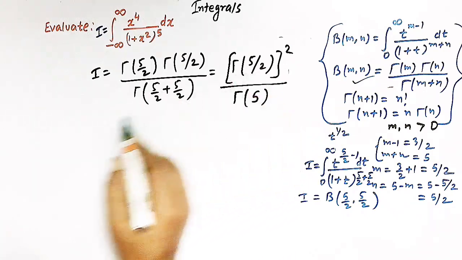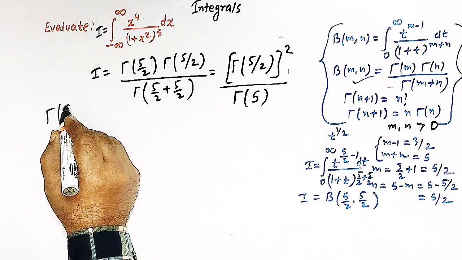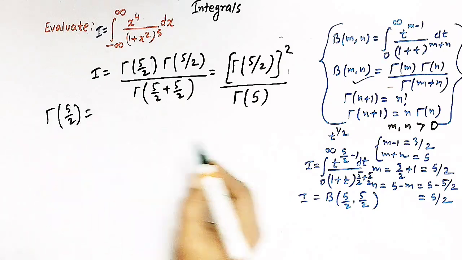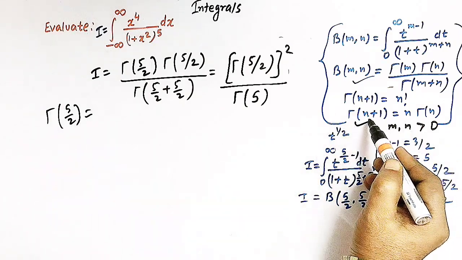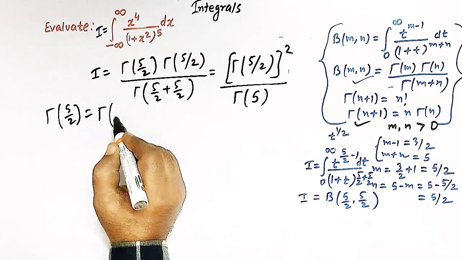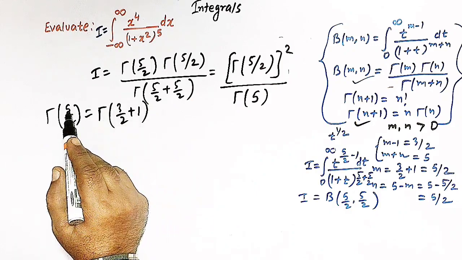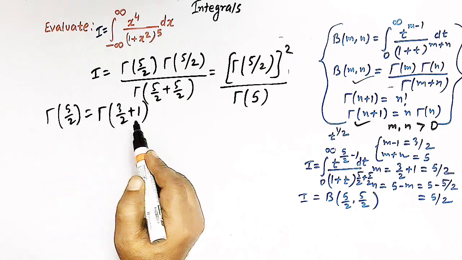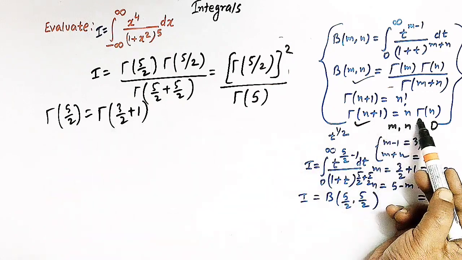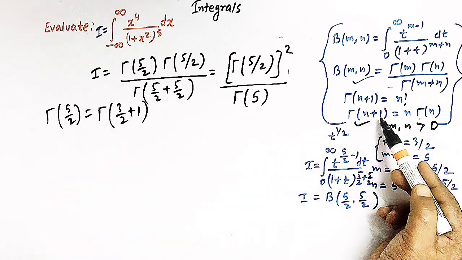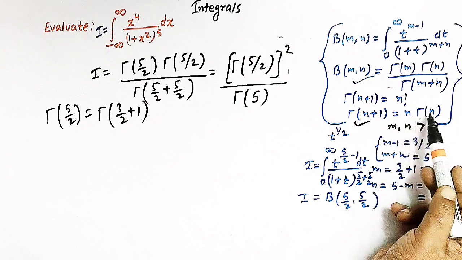So now let us find out the value of gamma of 5 by 2 using this relation. So we can now write gamma 3 by 2 plus 1. We can split 5 by 2 like this, and using this result, that is gamma n plus 1 is equal to n times gamma n.